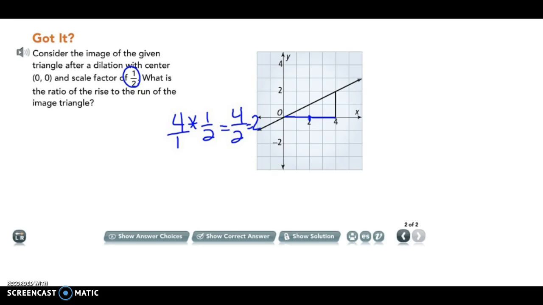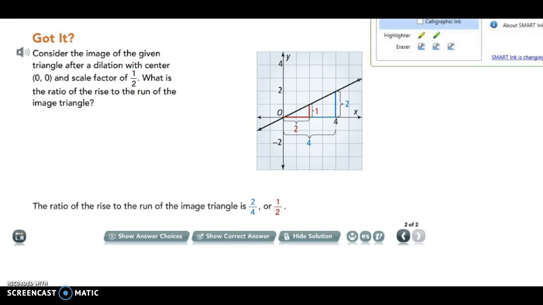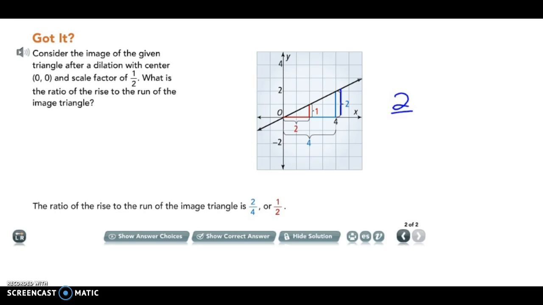And then my other side is also going to be cut in half. So my triangle is going to be down like this. Notice that my rise is going to be 2 over 4, my run, which is going to be the same as 1/2. And in my smaller one, my rise is 1 over 2, which is also 1/2. So those are going to be equal.